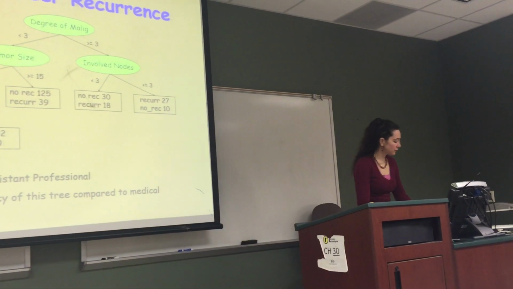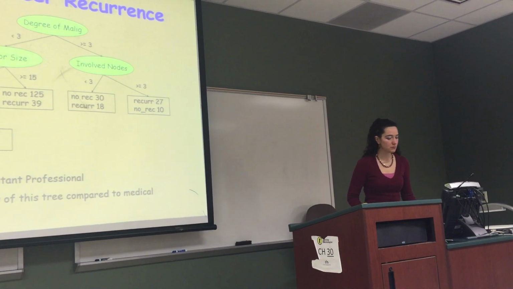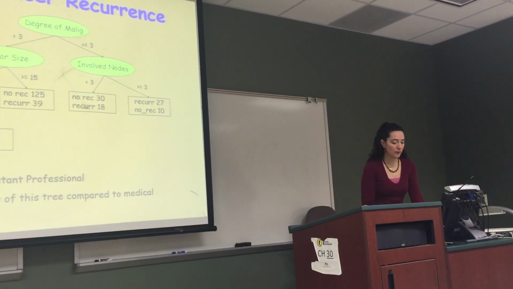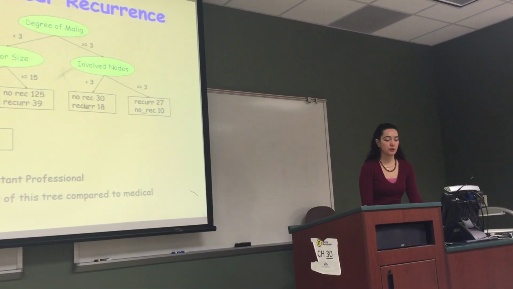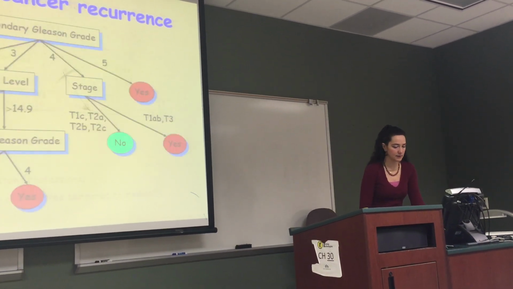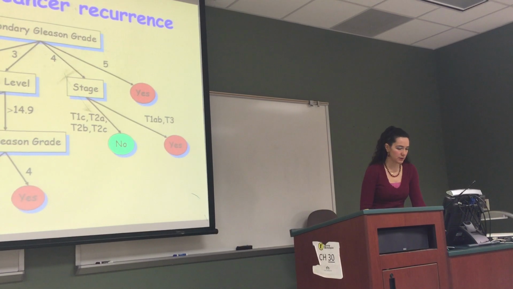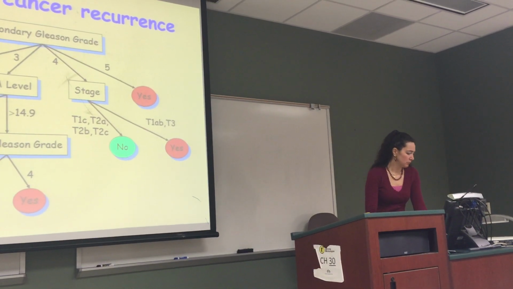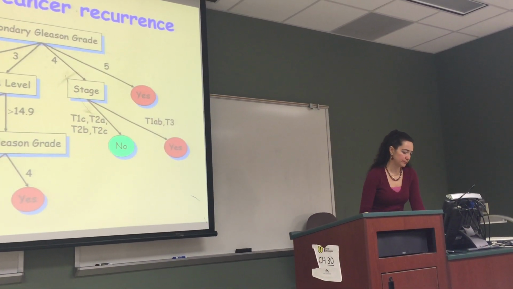So this kind of tree can be used to help doctors in their diagnosis. So it's a decision support system in essence for the medical doctors in this case. That's another tree for prostate cancer.